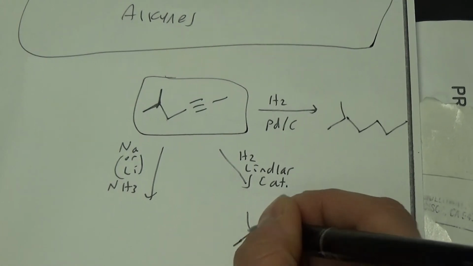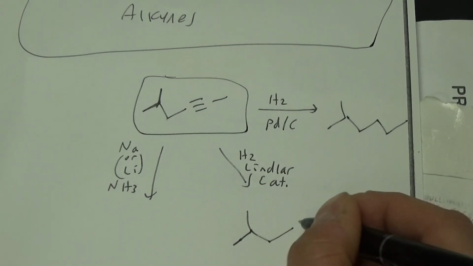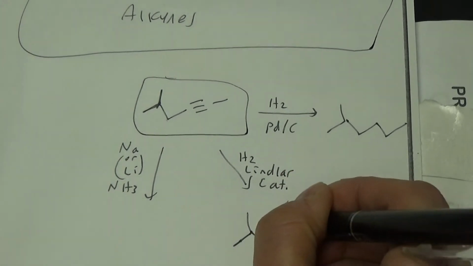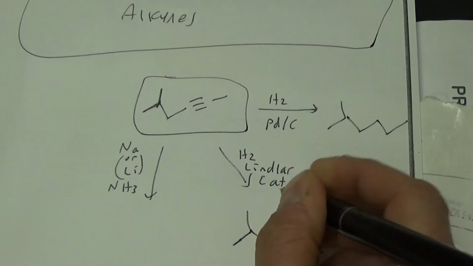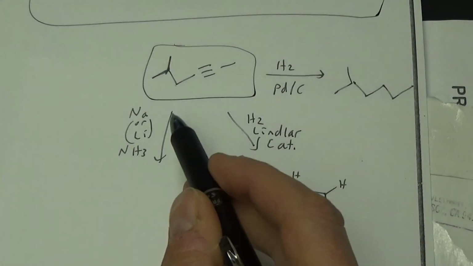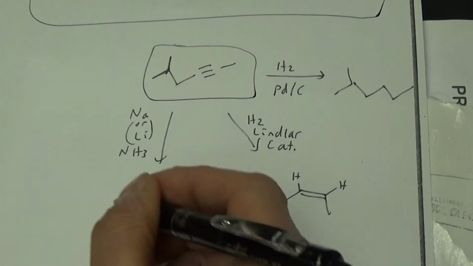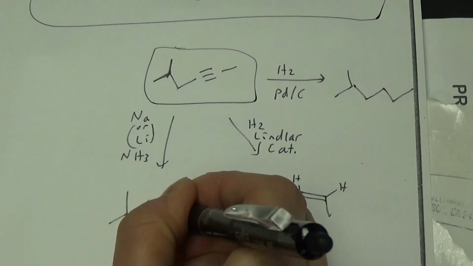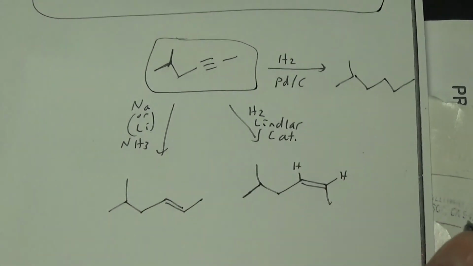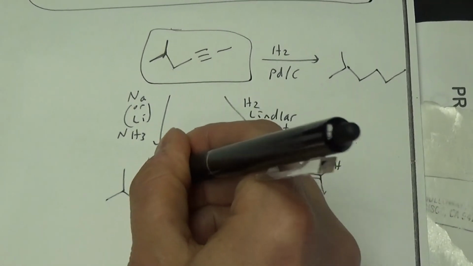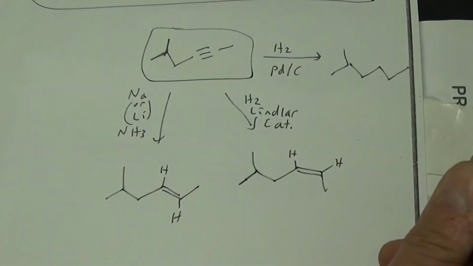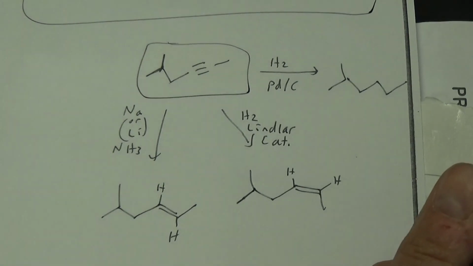What do you think? It's going to be a cis alkene. There's our cis alkene. And sodium or lithium and ammonia makes a cis or trans alkene? It makes a trans-alkene, so the H's are on opposite sides. That is a summary of those three methods.